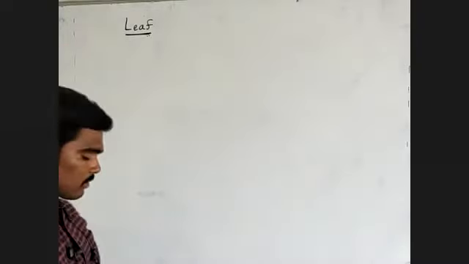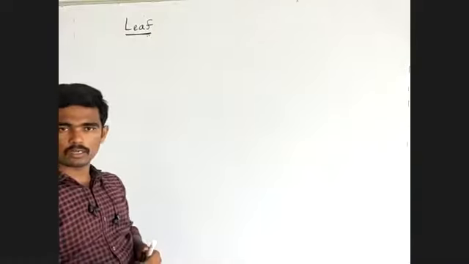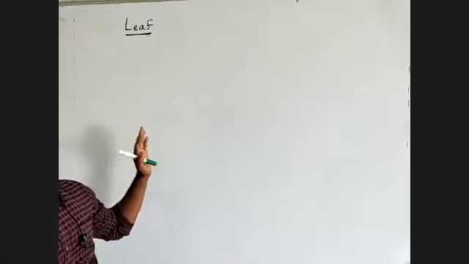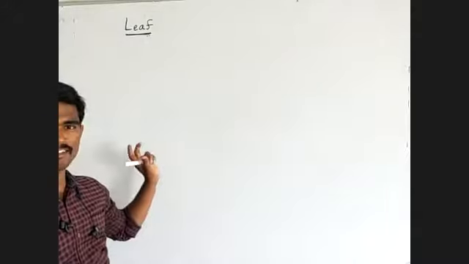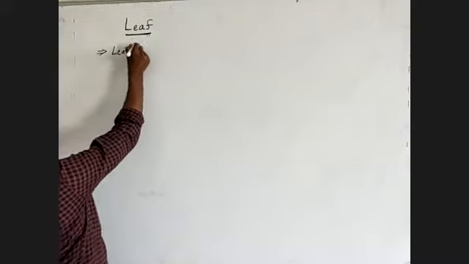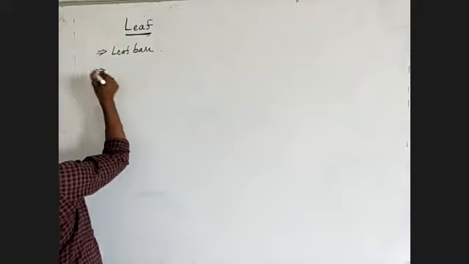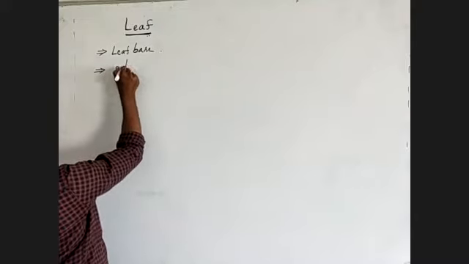In last class, already explained structure or important parts of leaf. What are important parts? Leaf base. Next, petiole.